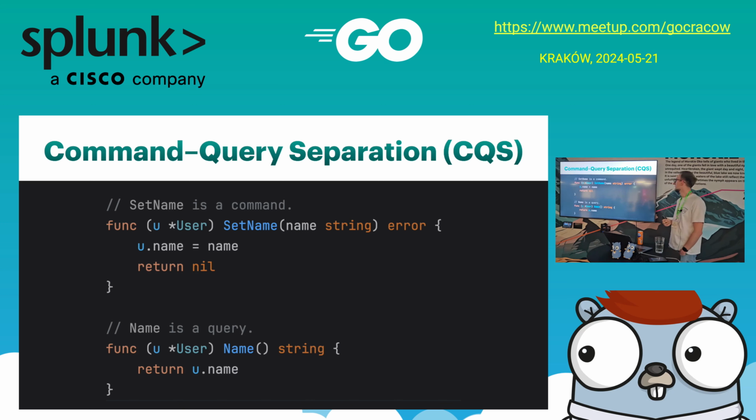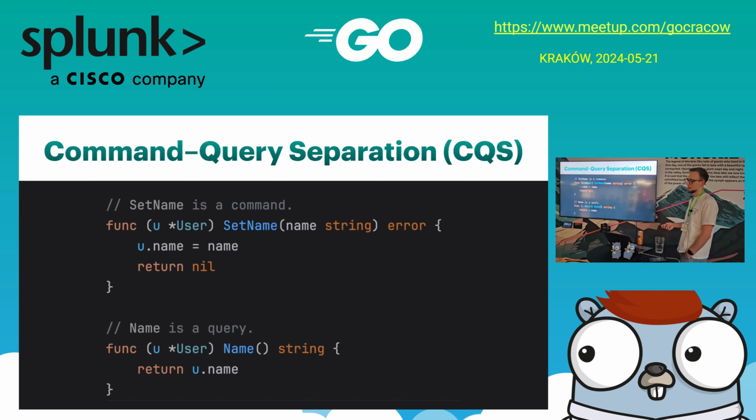So we could have a command like setName that updates the model, the object, the entity, whatever, and returns no data except for error or maybe some kind of ID. And the other is a query, which makes no changes to the object, but returns some data. Like a setter and getter, basically, right?